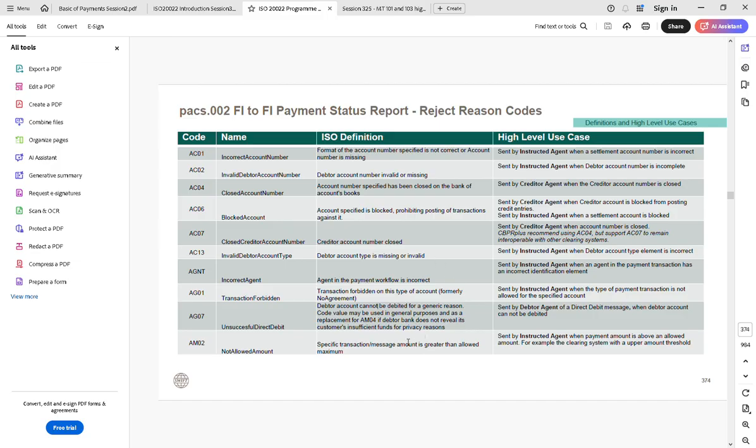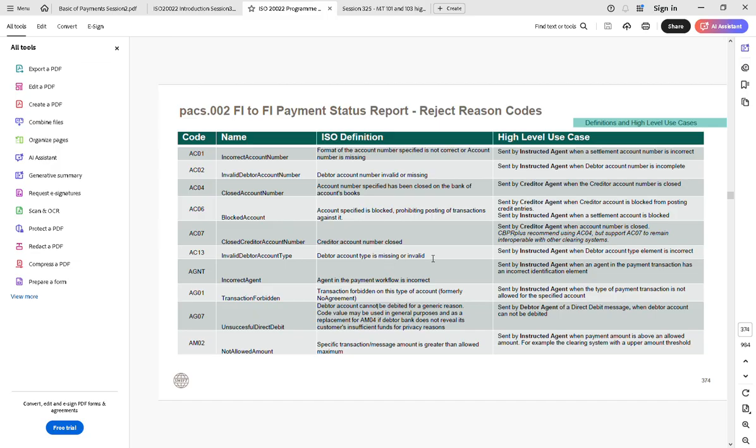And see here also, status reason information, the same thing is mentioned here also. I will quickly check here. Transaction status, then 1 to 4 reason, and what are the reason codes.